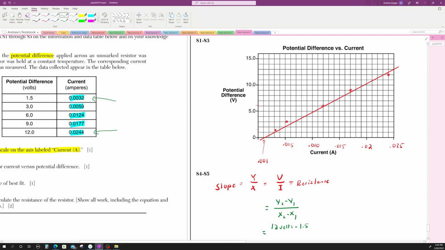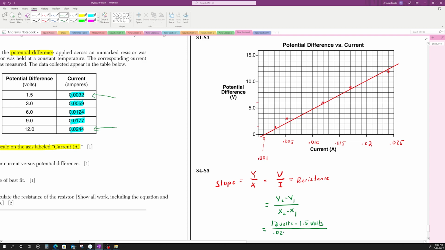Minus 1.5 volts, all divided by 0.024 amps minus 0.0032 amps. This gives you a resistance of 495 ohms.